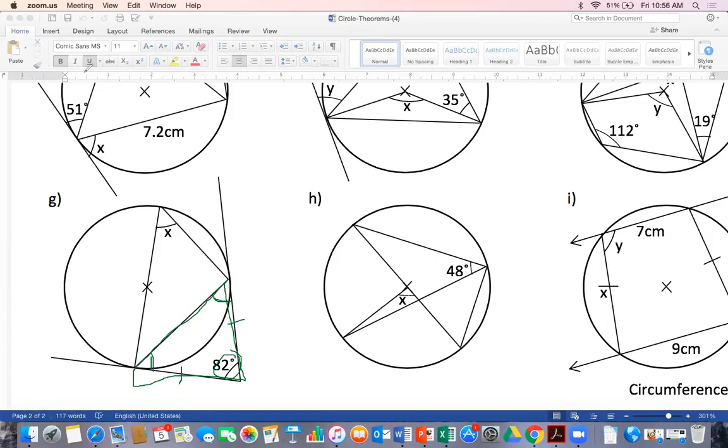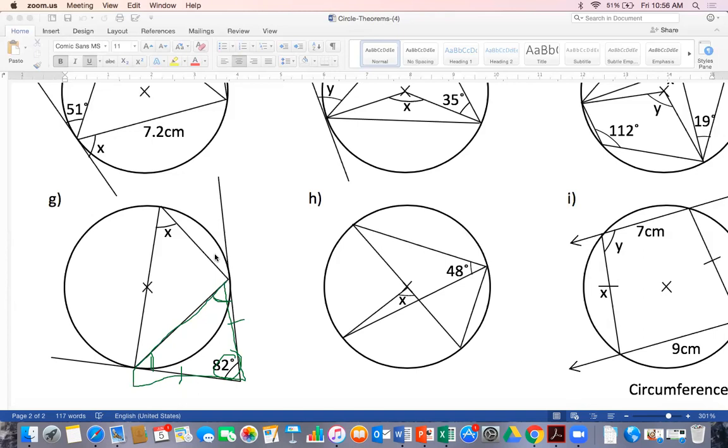Both of them are the same, it's an isosceles triangle. So what do I do? Divide by 2. Correct. So each will be 49. So that means this is 49 and this is 49.